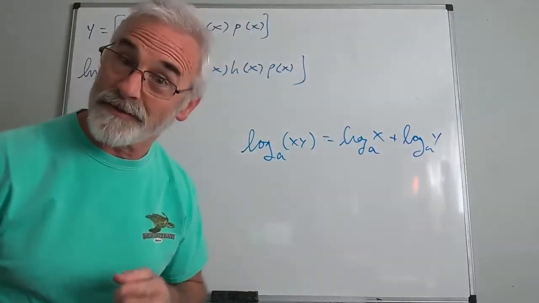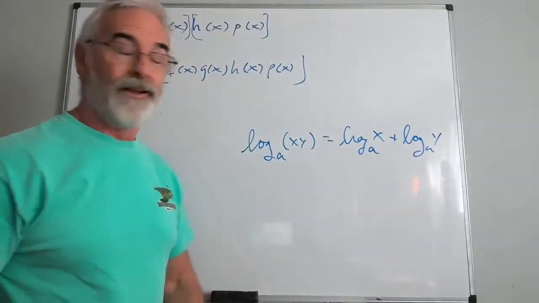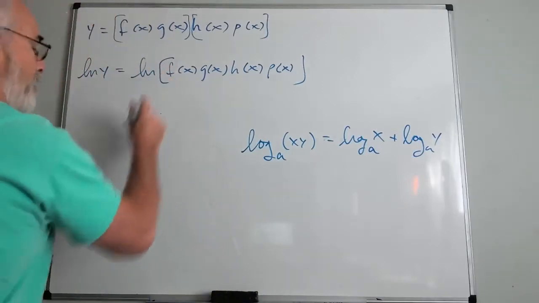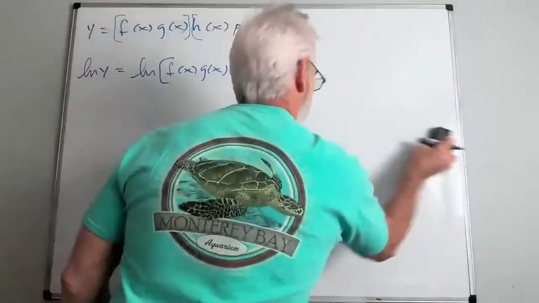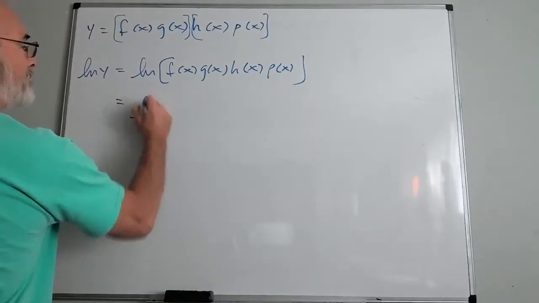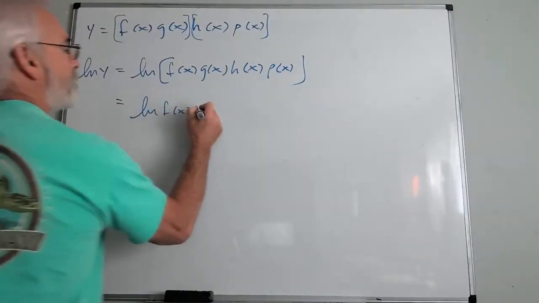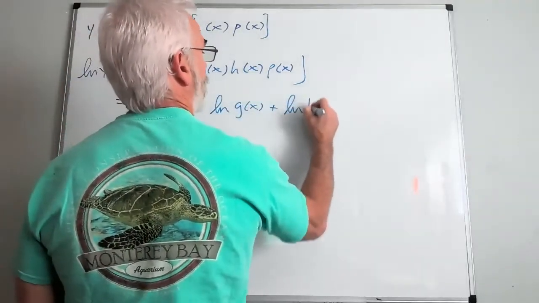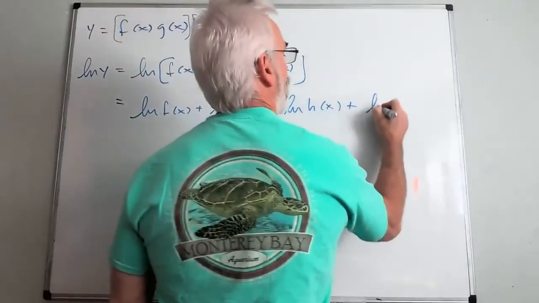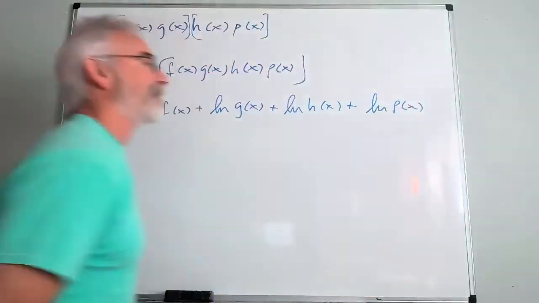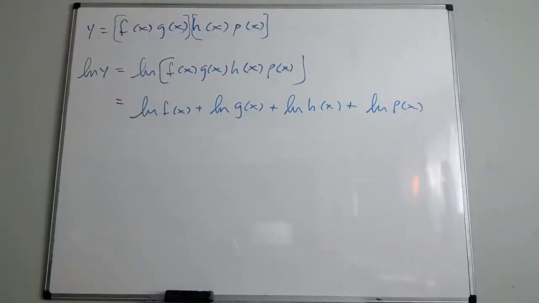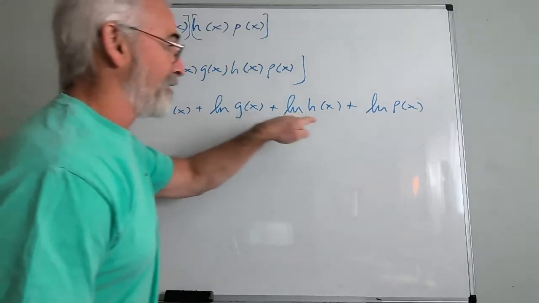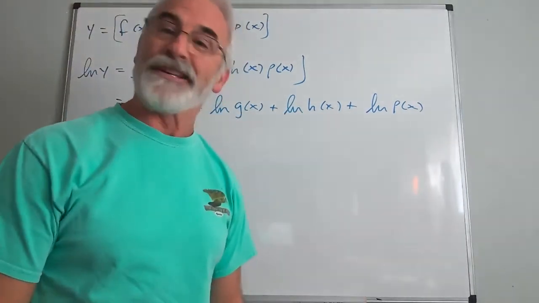We know that the difference of the logs is the log of the quotient. I've got a log of a product. That means this is equal to the log of f of x plus the log of g of x plus the log of h of x plus the log of p of x. Oh, I don't know about you guys, but I think each of these individual derivatives are going to be really, really easy.